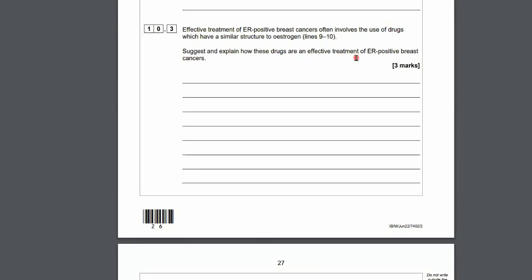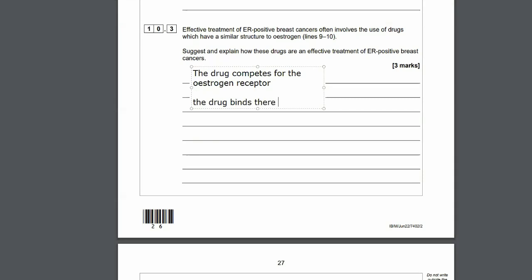Effective treatment of ER positive breast cancers often involves the use of drugs which have a similar structure to estrogen. Suggest and explain how these drugs are an effective treatment of ER positive breast cancers. So if this drug has a similar structure to estrogen, it's going to compete with the estrogen to bind to the receptors.